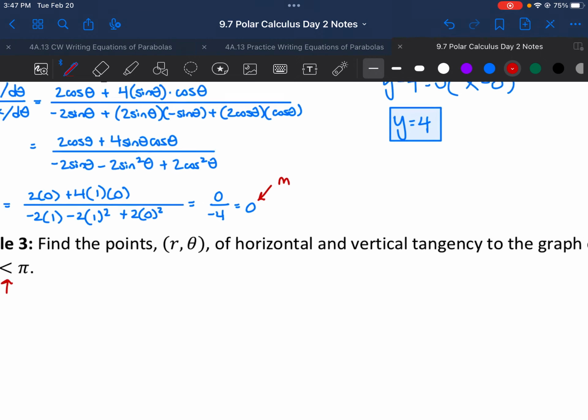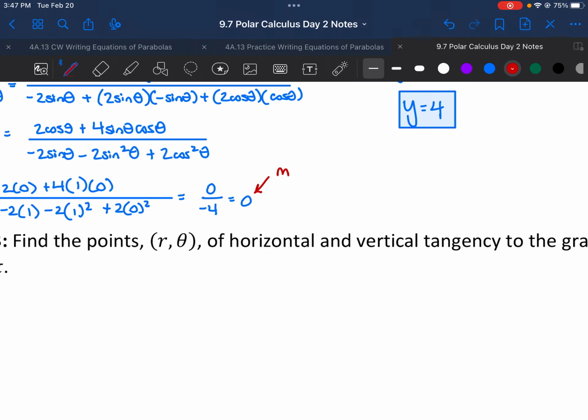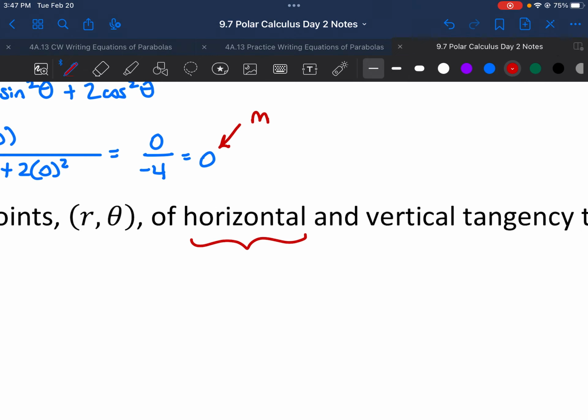I'm going to try to find the thetas where we have horizontal and vertical tangencies. Remember, when we think horizontal tangency, we want to be thinking dy dx, which is dy d theta over dx d theta, equals 0 over some non-zero value.